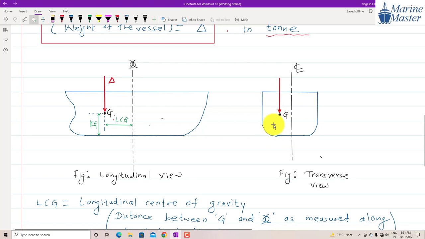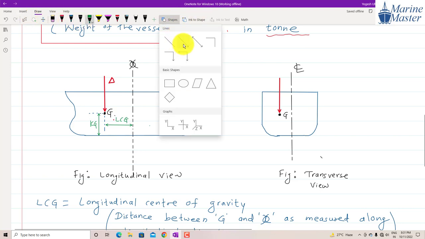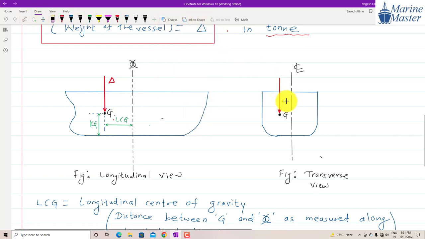Now here I am going to show a few more things. See, guys, this distance from here to here is the distance between the center line and G. This distance is nothing but TCG.